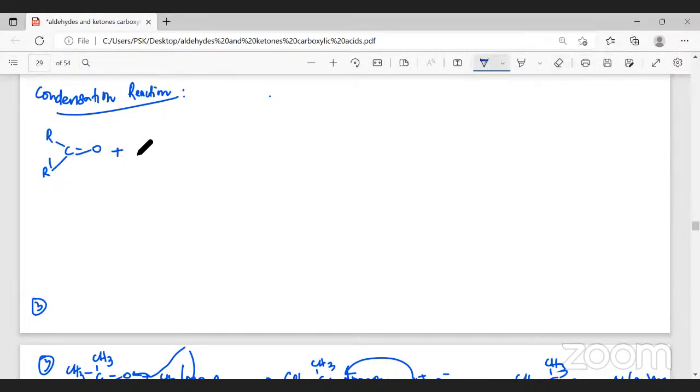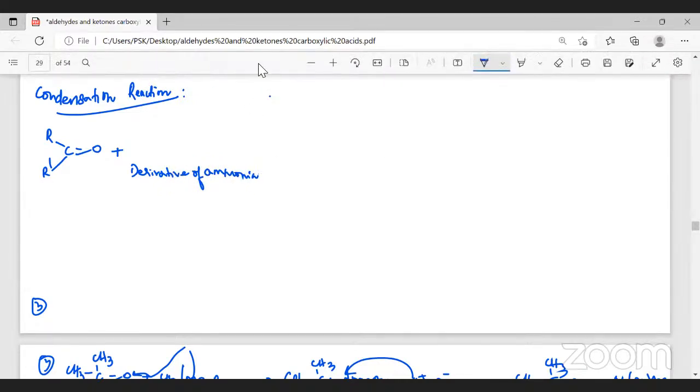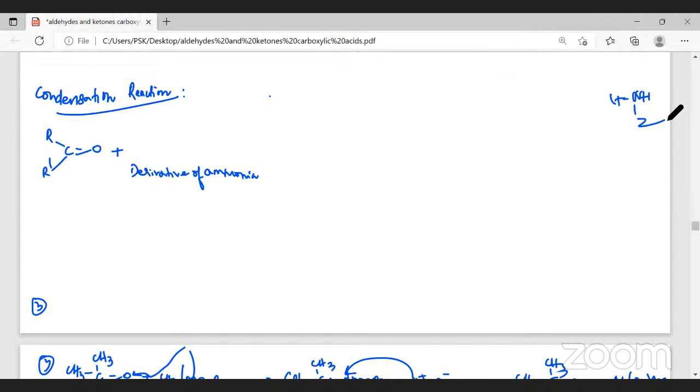Now, when this is allowed to react with a derivative of ammonia, like ammonia, we know that it is NH3. If one of the hydrogens is replaced by some other group, then we call it a derivative of ammonia.